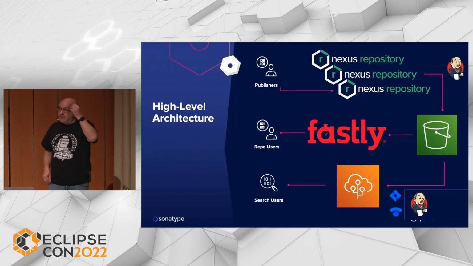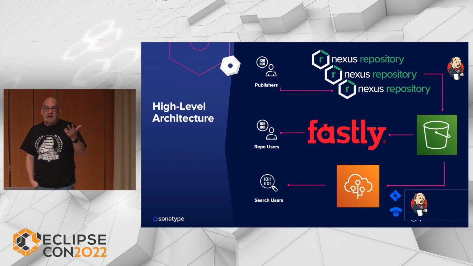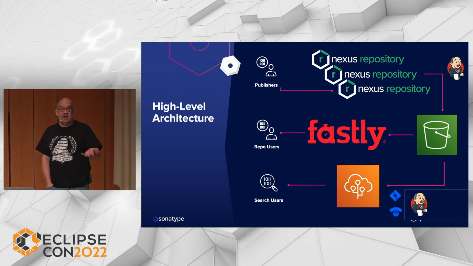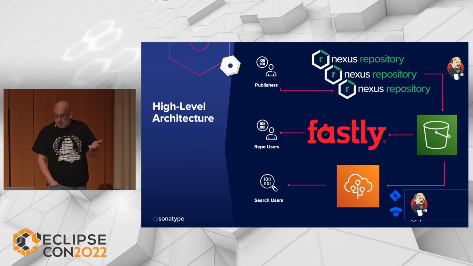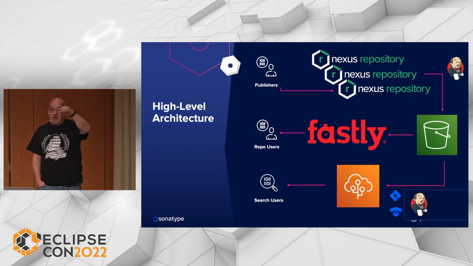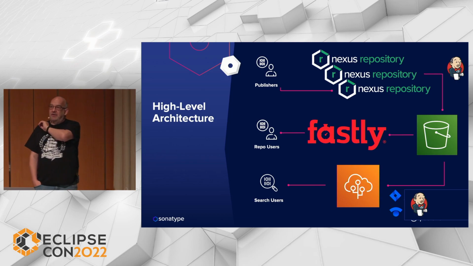So under the covers, it's not enormously complicated. There's sort of three use cases, right? You want to search for stuff, you want to pull stuff down, or of course you're a publisher. And basically three routes in. And obviously underneath the covers, there's a bunch of Sonatype tech, but that's irrelevant.